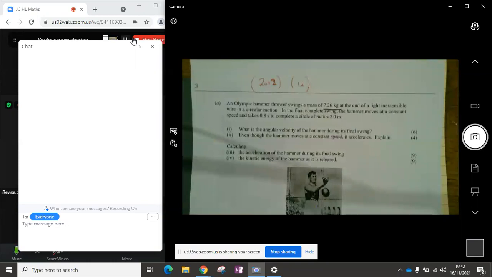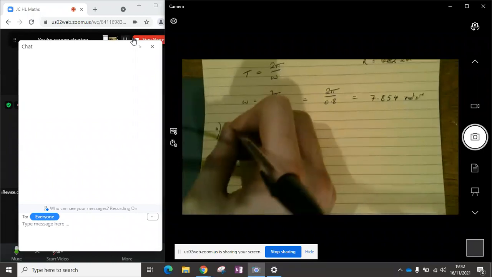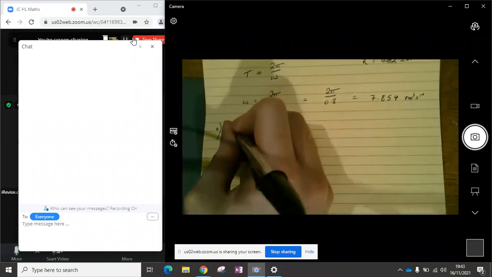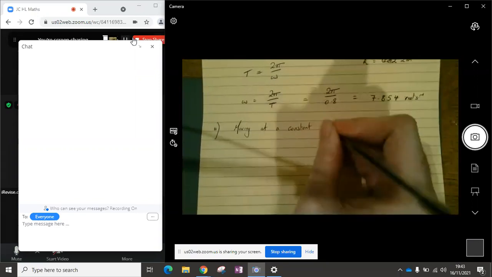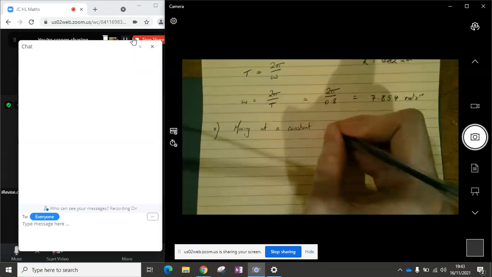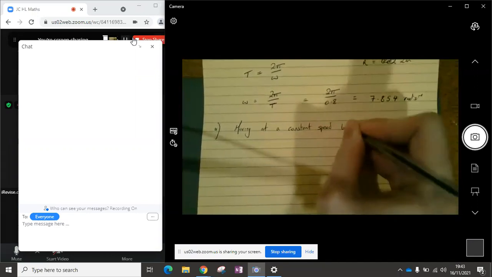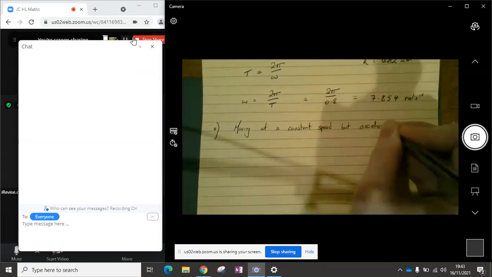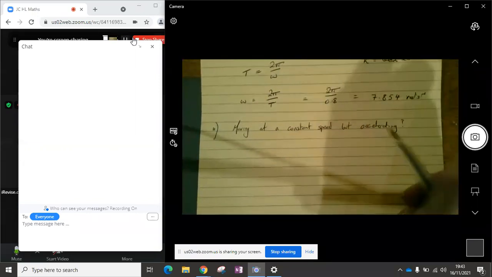Even though the hammer was at a constant speed, it accelerates. Explain. How can something move at a constant speed but accelerate?